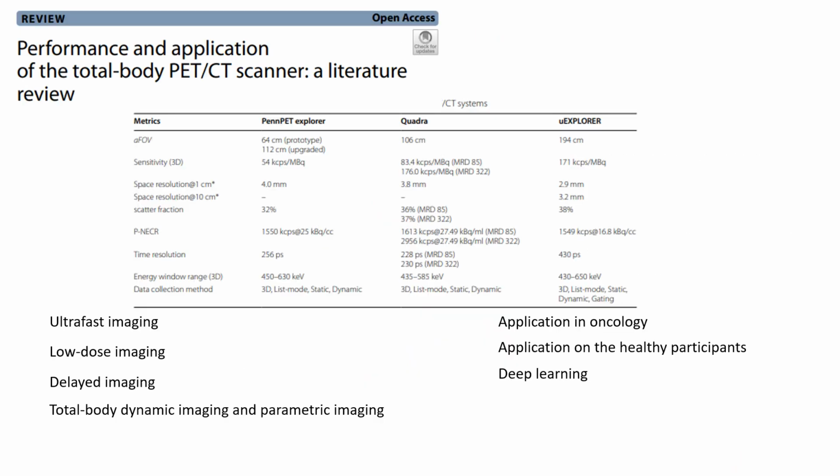A large FOV PET brings the possibility of ultra-fast imaging, low-dose imaging and delayed imaging, and also total body dynamic imaging and parametric imaging. The main application can be in oncology, but also in studies that involve healthy participants, and in the evolution of deep learning tools.